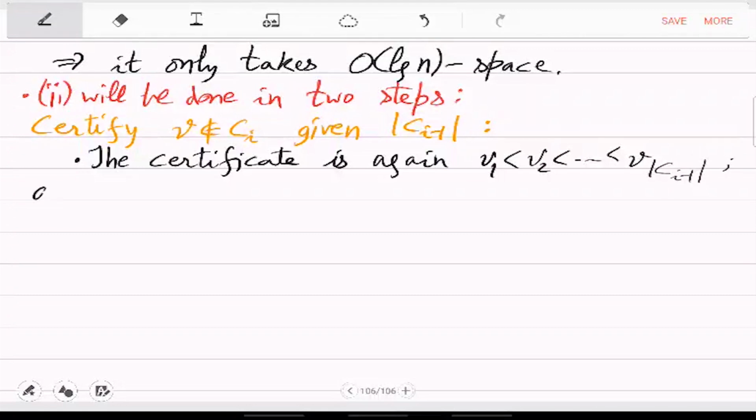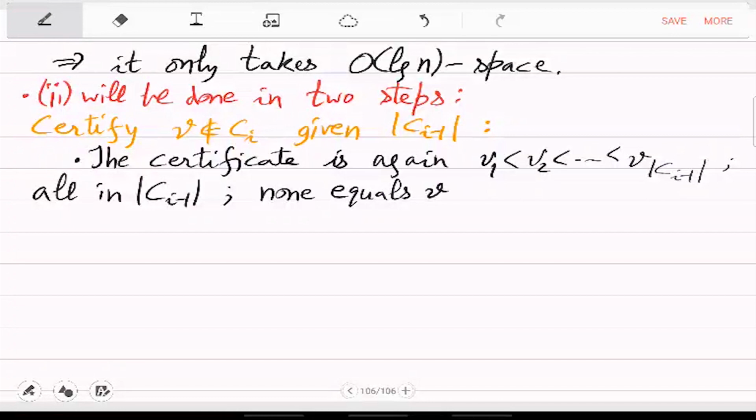All of them should be in Ci minus 1, none equal to V, or V's neighbor.